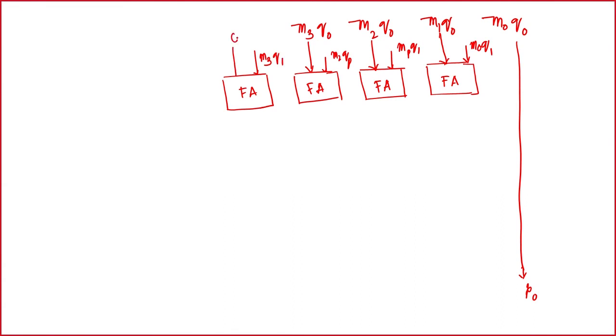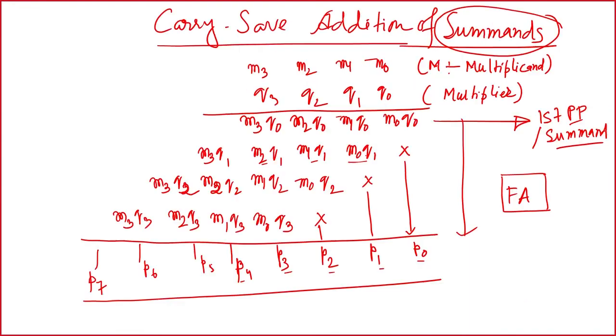Another you can give 0 here. Then whatever the addition is, you can propagate it as a ripple carry, here, and here. Now, if you carefully see, P1 is already done, so this is the addition. Now, what you have to do? You have to add this part along with this value; that result should be added with M0 Q2.